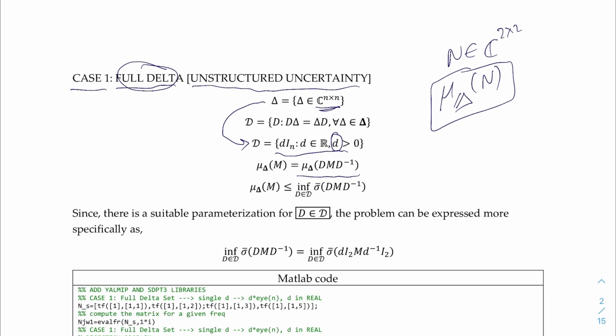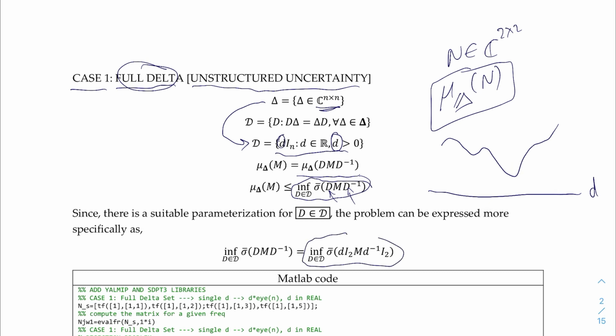If you don't know anything about optimization or control or SSV, you can just directly plot D. For a given D, compute, what do we need to compute? Compute this, because D can be parameterized by just a single parameter, small d.